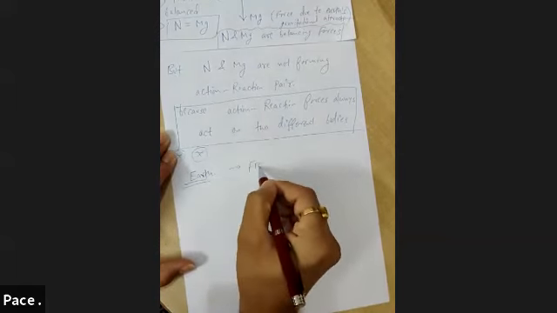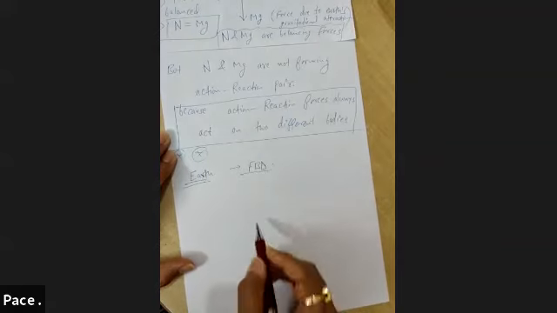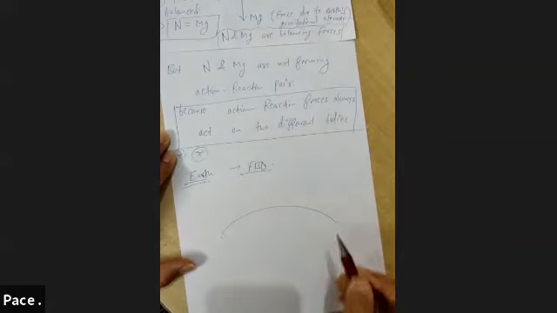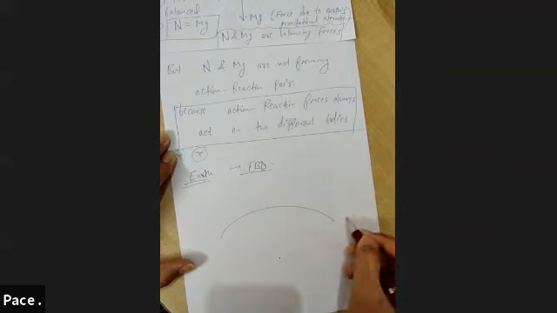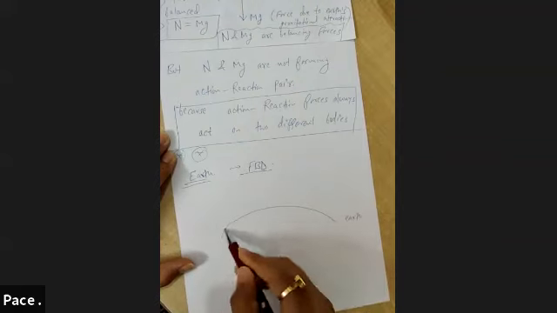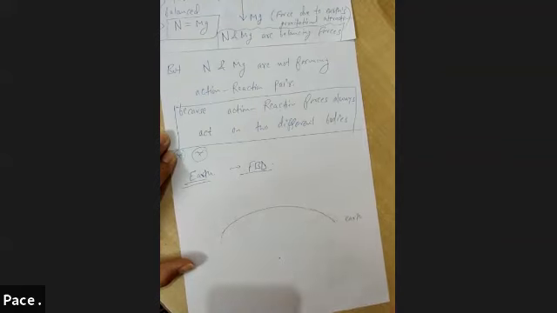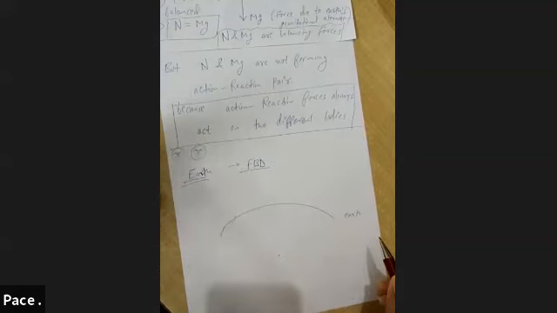FBD of Earth. Let's say this is Earth, the surface, and the center of Earth. This surface is perfectly smooth. Let me tell you one thing: anything placed on the surface of Earth, the Earth will attract that body towards its center with force mg.